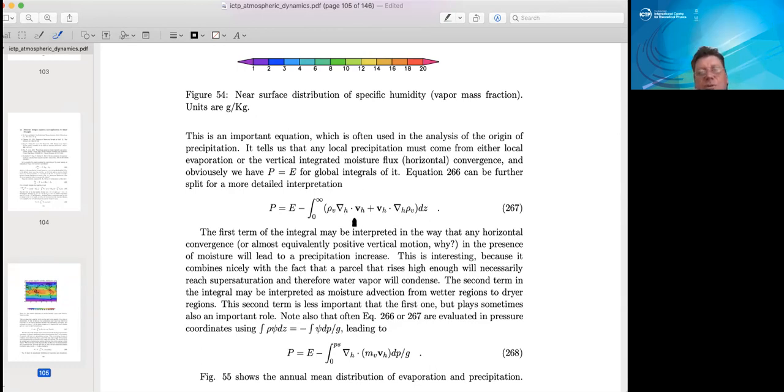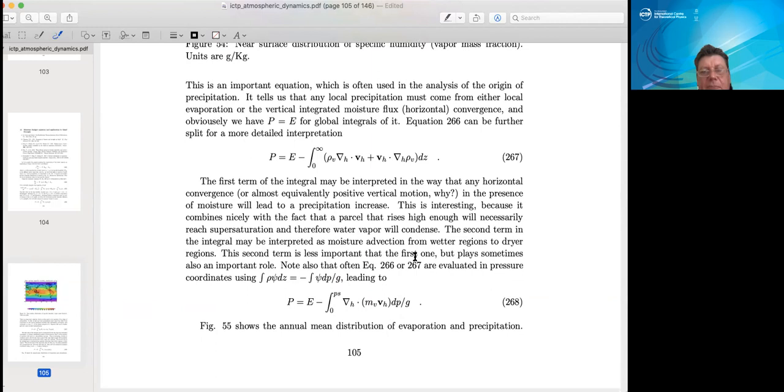Is this just due to convergence, or is it due to advection of moist air from other regions? Sometimes the second term matters, where you are perhaps in a dry region, but then there is an advection of moist air coming, and that can increase the rainfall. So sometimes it can be useful to try to distinguish these two terms, and we will see examples of this probably later.